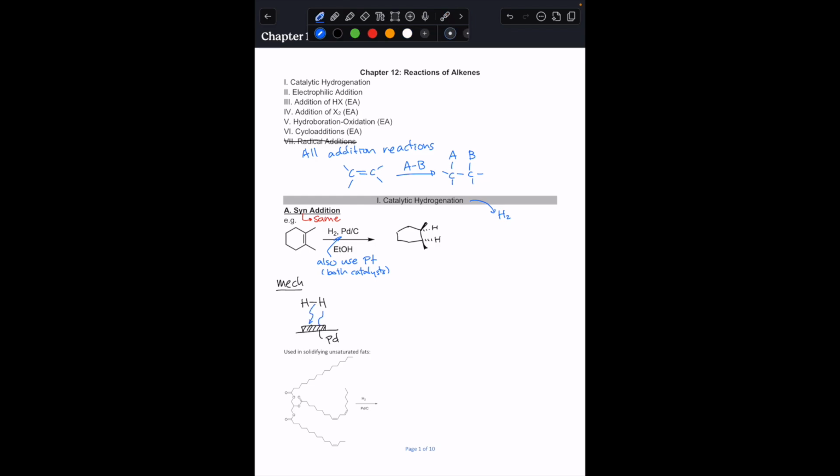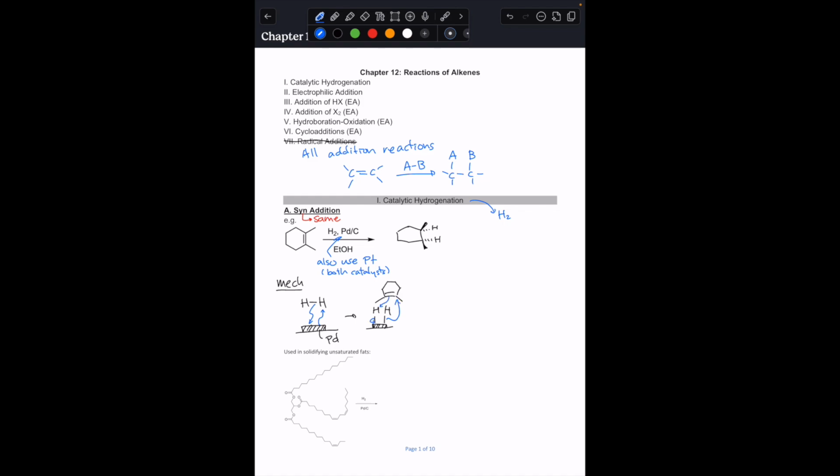The hydrogen molecule breaks up into each atom on the surface of palladium or platinum, and then the alkene approaches, and when it does, something like this happens.